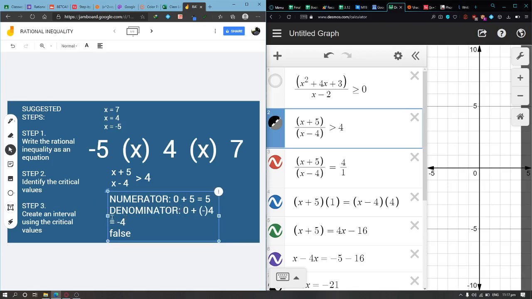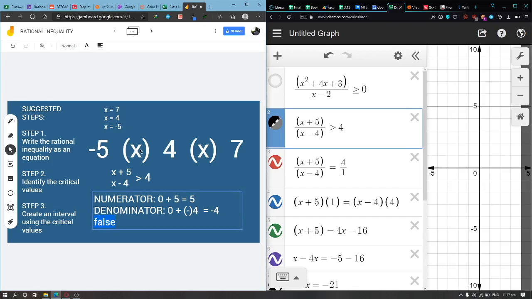So for our denominator, it is negative 4. So 5 over negative 4 is negative 5 over 4, and negative 5 over 4 is not greater than 4. So any number between negative 5 and negative 4 is also not part of the solution that we are looking for. So it is also false.